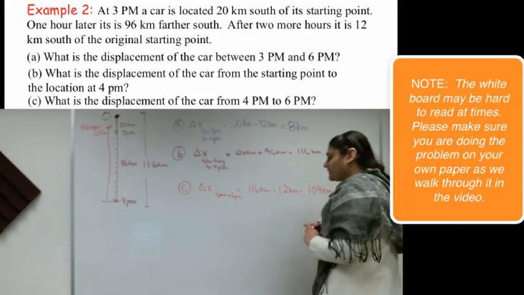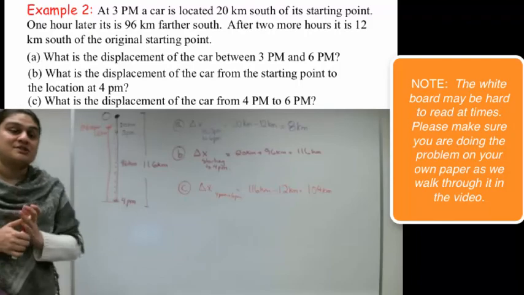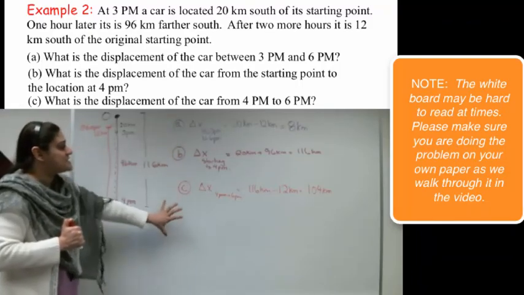If I've done that math correctly, right? 116 minus 12 and so on and so forth. So this tells us the displacements at each of these separate points.